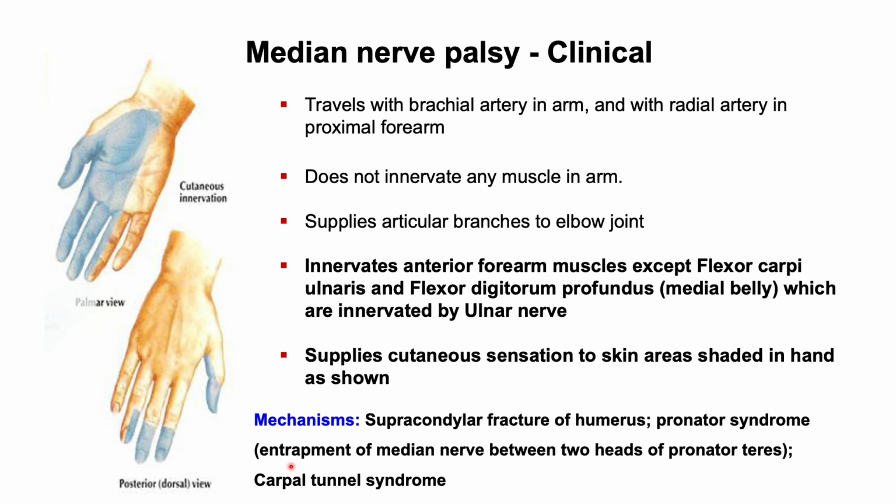The tendons of the forearm pass through this tunnel to get their distal attachment to the digits of the hand. So whenever there is any condition affecting these tendons, there can be compression on the median nerve. This syndrome is called carpal tunnel syndrome. These are the few mechanisms which can injure or cause compression on the median nerve, and that will be called median nerve palsy.